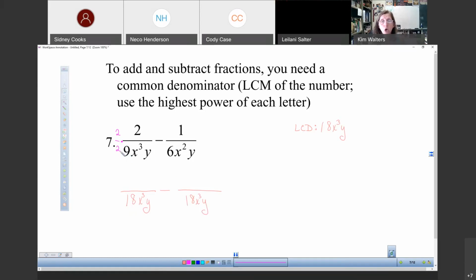Okay? So I didn't need to change the x cubed, and I didn't need to change the y. So if I multiply 2 times 9 to get 18, I have to multiply 2 times 2, and I get 4.